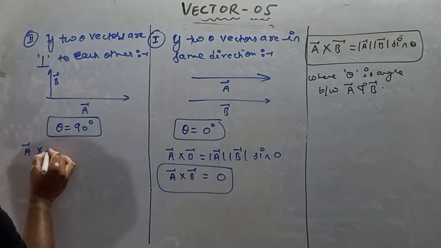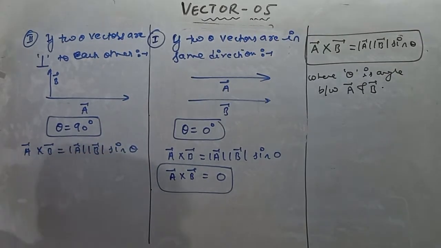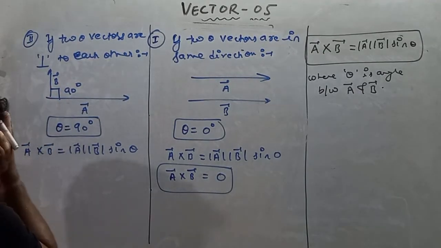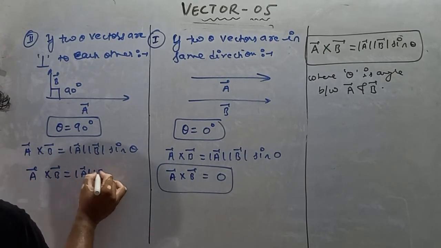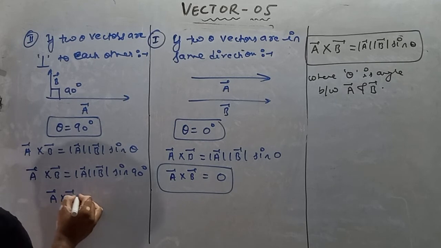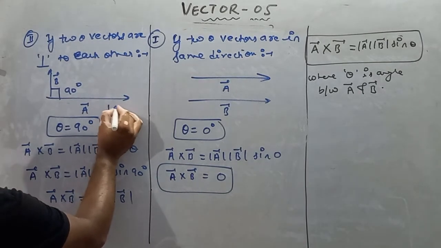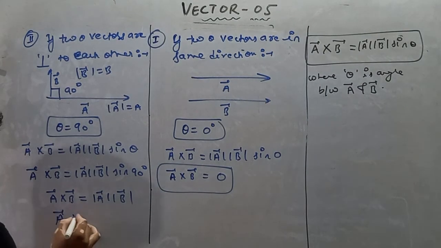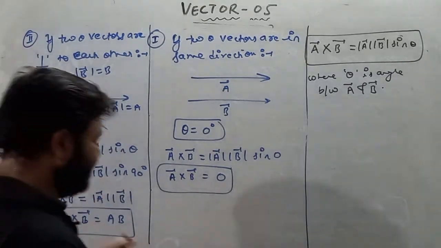So A vector cross B vector is equal to the magnitude of A vector, the magnitude of B vector, and sine 90. Sine 90 is 1, my dear students. Let's suppose the magnitude of A vector is A and the magnitude of B vector is B. So I'll write A vector cross B vector is equal to AB. This is how we'll proceed with cross product.